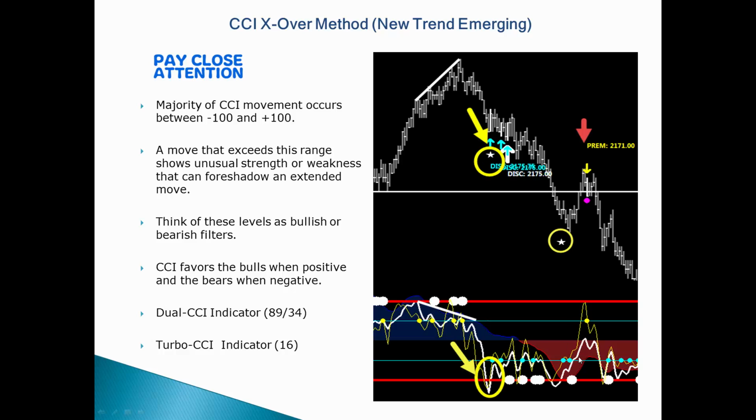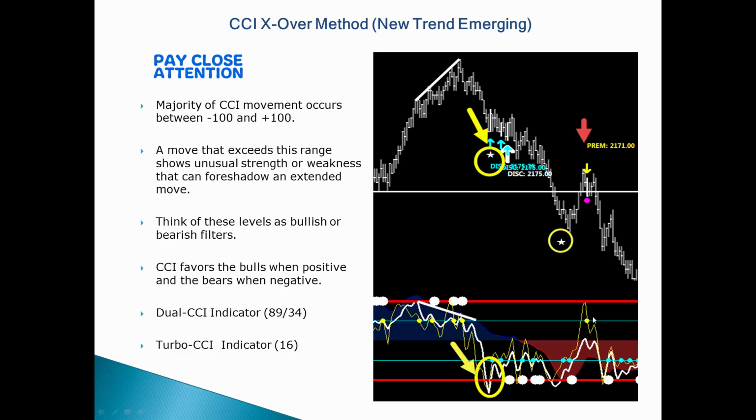So on the CCI, we have red histogram. That's the 89. So the slow CCI is below the 0 line. And then the fast CCI line, in this case, we're going to use the turbo, is above the plus 100 line. Price moves up. Turbo is above the 100 line.